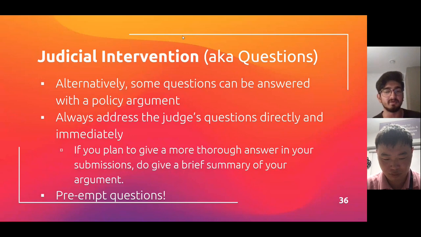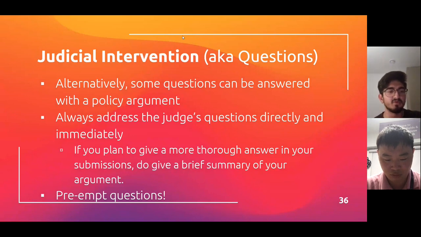If you plan to give a more thorough answer in your response to the question, then you can always give a very brief summary of your argument before building a more detailed answer in your submissions. And always think about, particularly once you've submitted your skeleton argument, what kind of questions they might ask you.